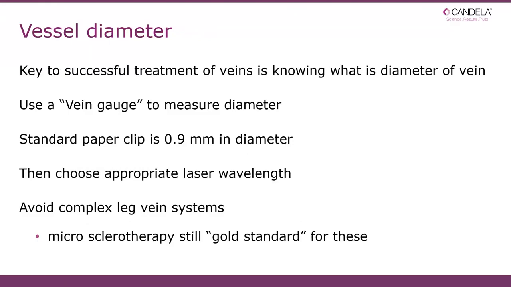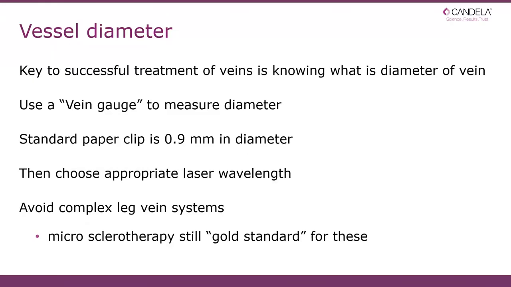Vessel diameter, this is really, I think, one of the critical parts when you're looking at treating any kind of vascular lesion. It's understanding the size of that vessel. And it's possible to use something called a vein gauge to measure that diameter. And generally, all of the companies will supply you with a vein gauge when we sell you a vascular laser.